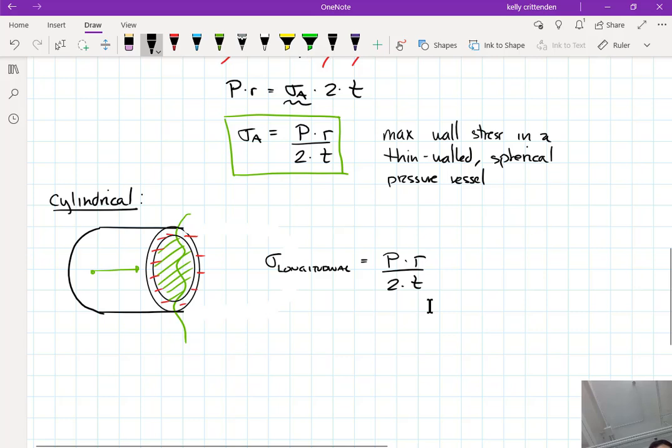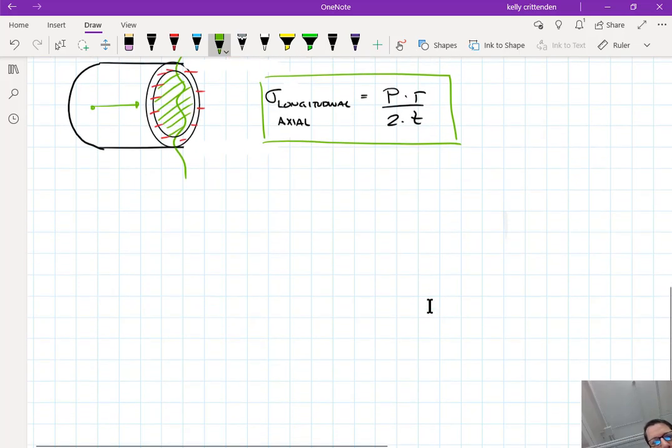Sometimes they call this axial because it's along the longitudinal axis, so it might look like sigma A for axial or sigma L for longitudinal, to signify that we're talking about stress along this longitudinal axial line of symmetry for the pressure vessel. And it is exactly the same equation that we just derived.